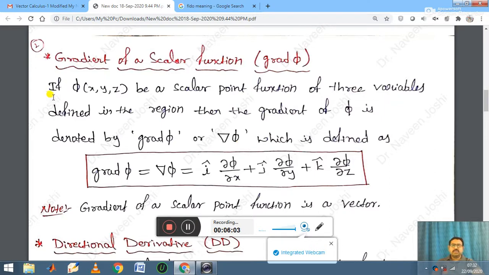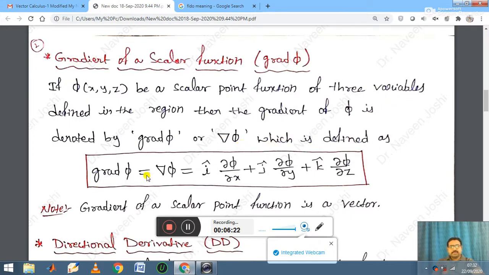Let's see the definition. If phi of x, y, z is a scalar point function of three variables defined in a region, then the gradient of phi is denoted by grad phi or del phi. Both notations are useful.